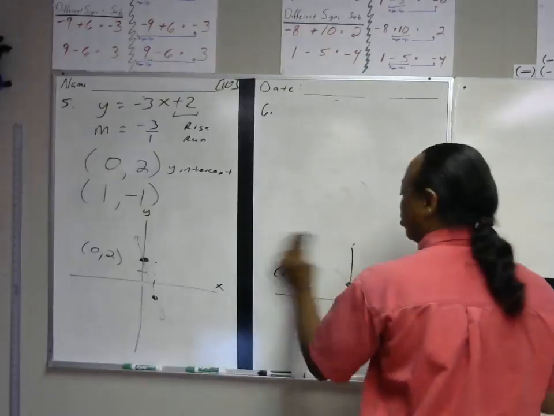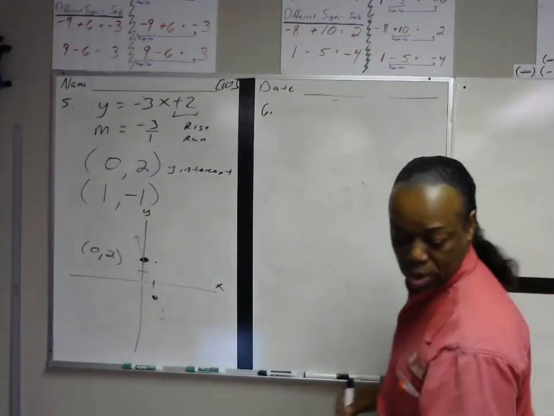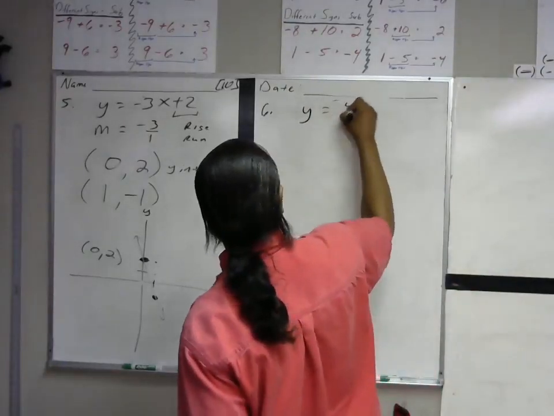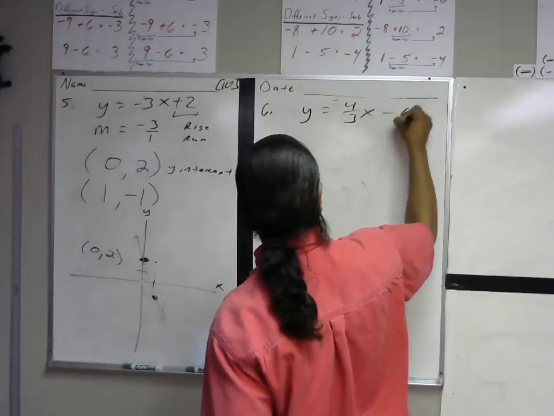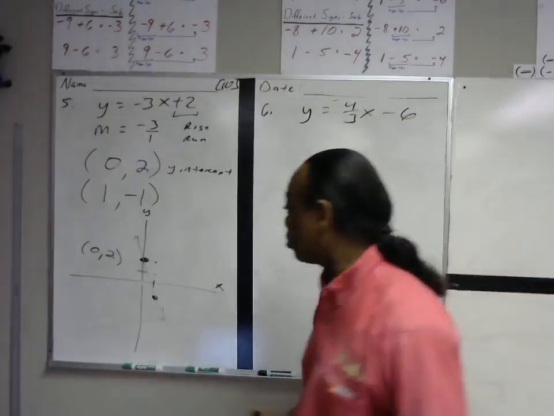All right, number 6. Last problem. Number 6 is y equals 4/3 x minus 6.